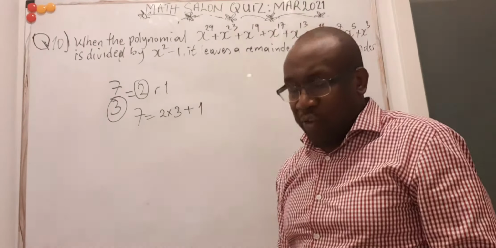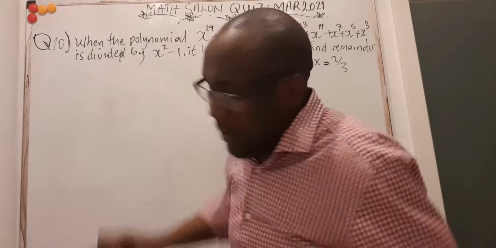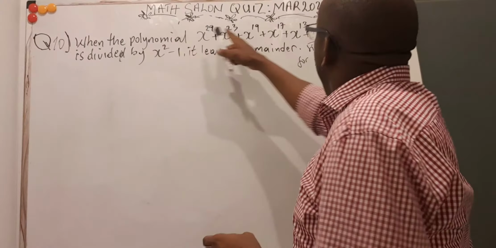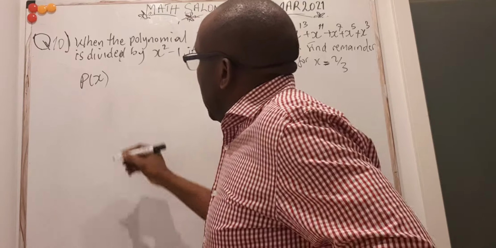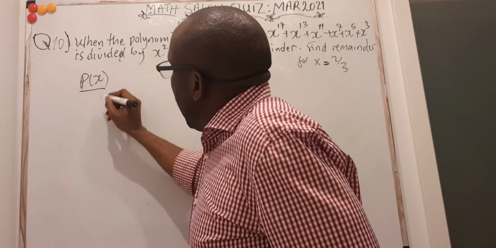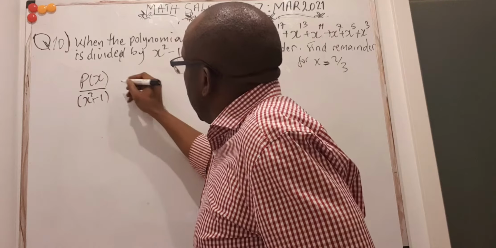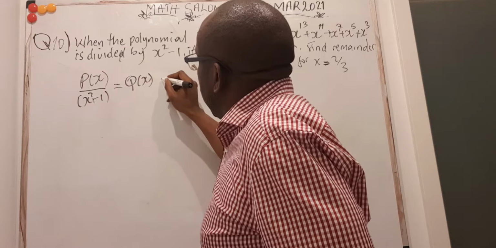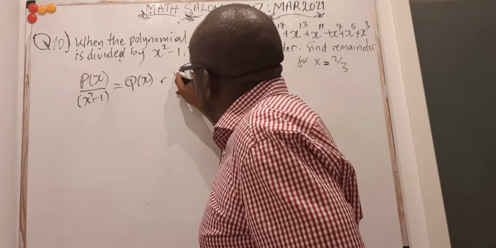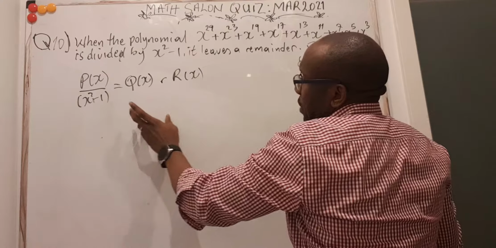In a similar fashion, we are going to look at functions when they divide themselves. So let's say this long polynomial is p of x. That means if p of x is divided by x squared minus 1, then it's going to give me a certain answer, and remember, with a remainder that's also a function. You see, now I'm using functions. Previously we had numbers.